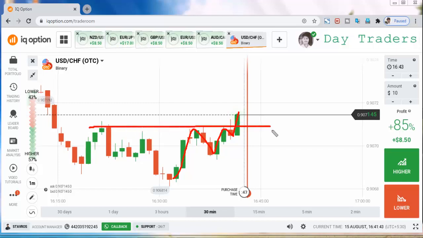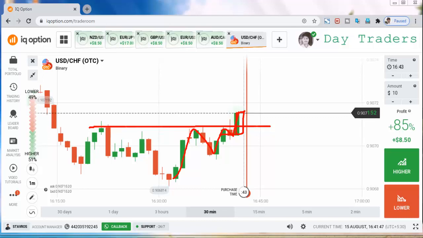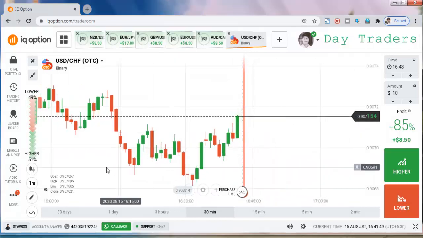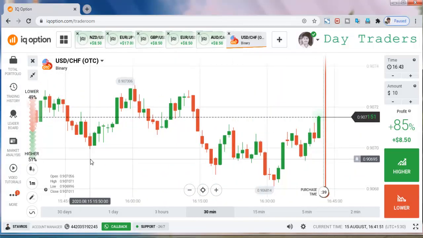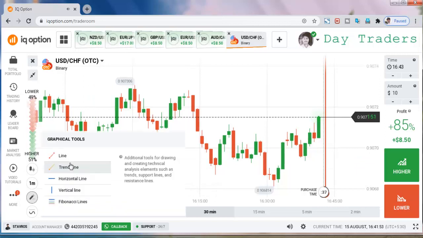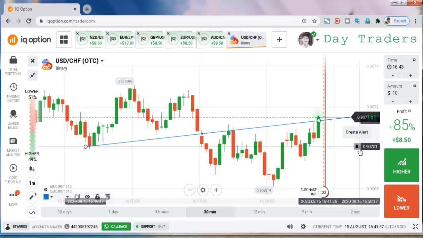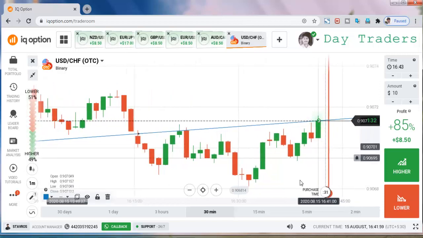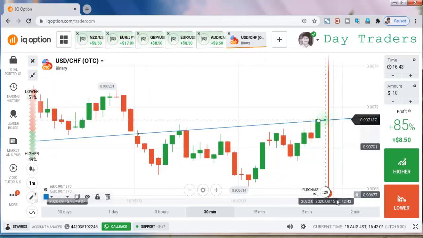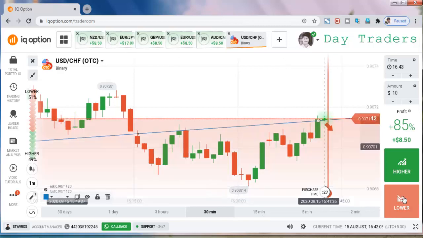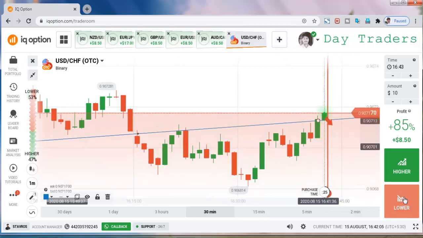There is a level, it broke the level. Okay, I will check the level, and there is a level. Okay, I will place a marginal safety trade here.